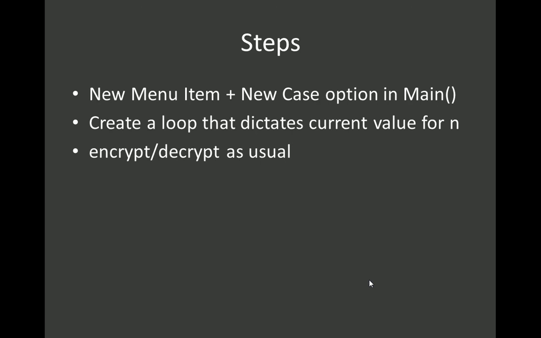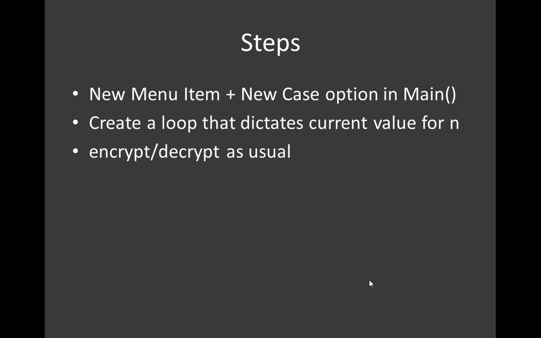As always, new menu item, new case option, and then really all you're doing is creating a loop that will dictate that current value for n. Now okay, there'll be a little bit of processing for the different methods we've done, but it's only going to be generate an index and then somehow access an element of a sequence, and that could be using modulo arithmetic, or it could be using an array with a preset sequence, or it could just be taking a particular digit from an irrational number.